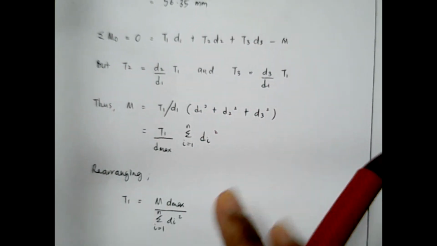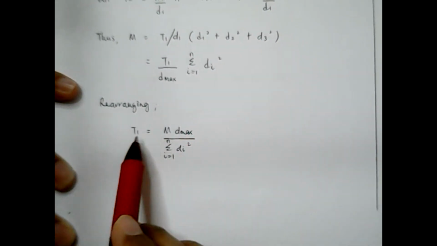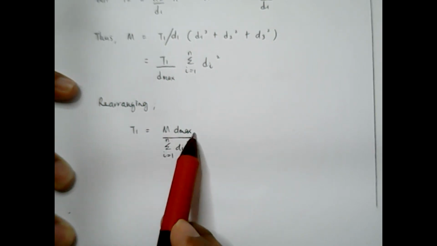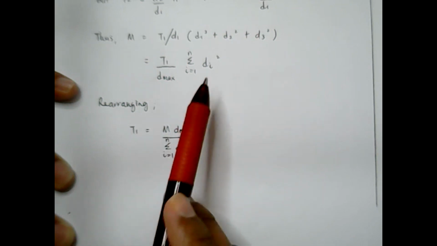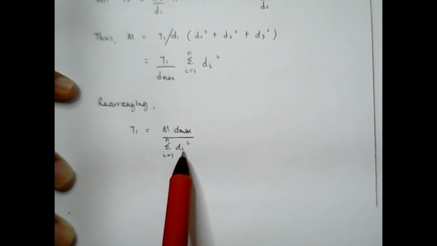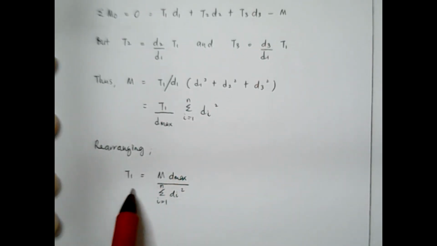And when you rearrange these formulations, you can have T1 equivalent to M, which is the moment, times your D max divided by the summation of I from 1 to N of D distance I squared. So then you can calculate what is your T1.